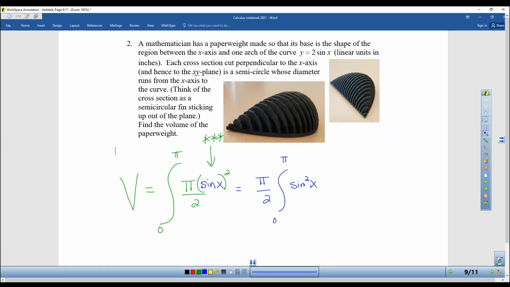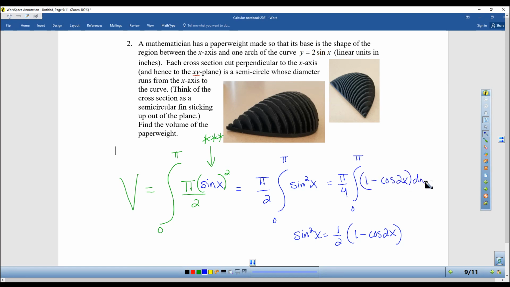As if it wasn't a hard enough problem already, this is a challenging integral because you need to know the formula that sine, not cosine, sine squared x is equal to 1/2 times 1 minus cosine of 2x. So that means I'm going to take out another 1/2. So now I have pi fourths, the integral from 0 to pi, of 1 minus cosine of 2x.